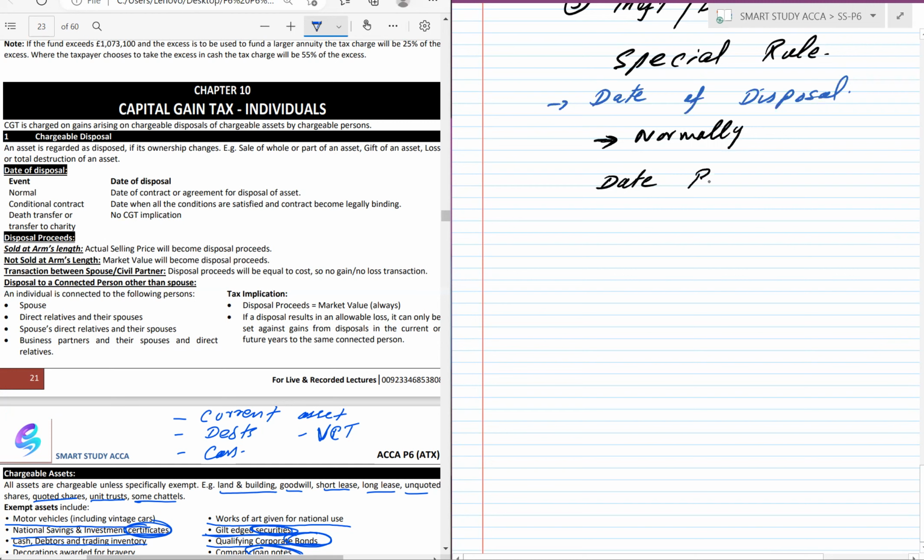Date when risk and reward are transferred. So the date when we have transferred the asset, normally on that date, all the risk and rewards are transferred. So that would be the date of disposal.